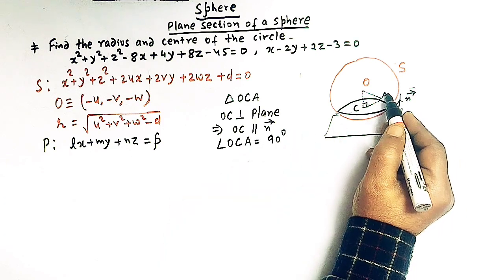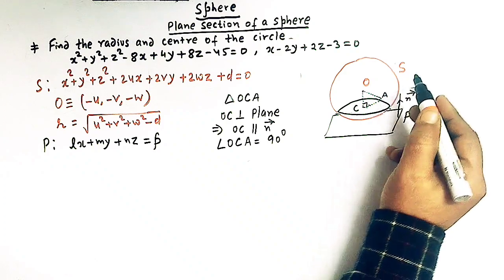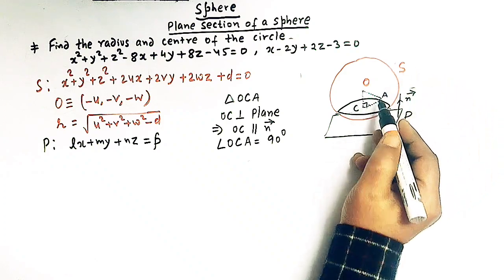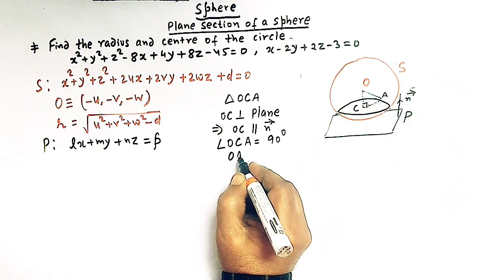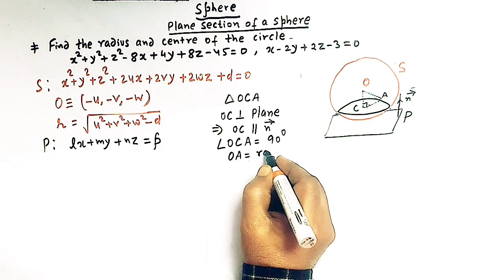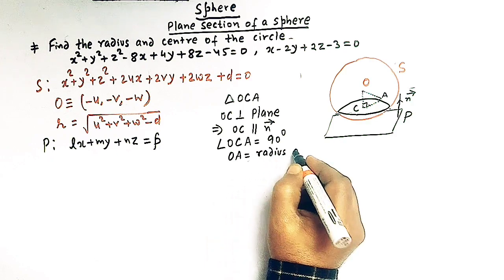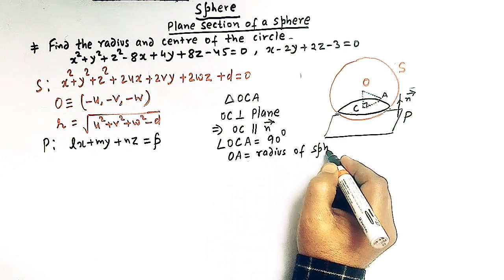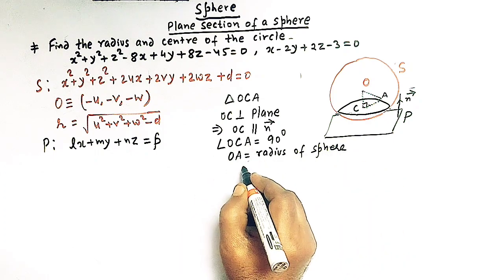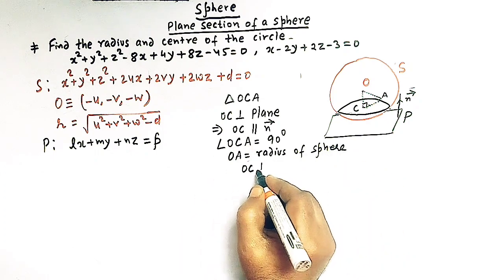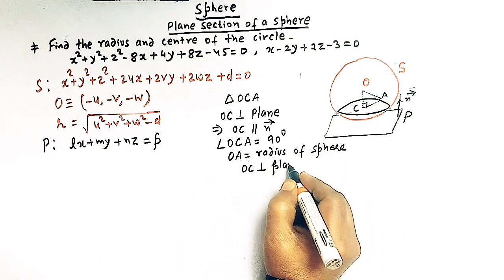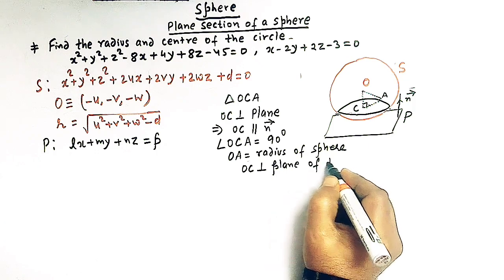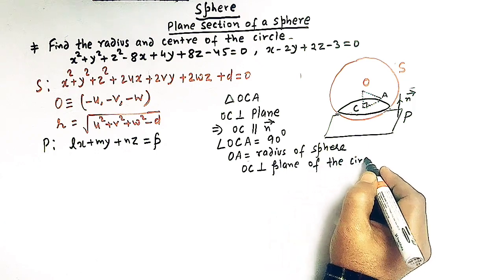And remember, this point A lies on the sphere, so OA is the radius of the sphere. And OC is perpendicular to the plane of the circle.